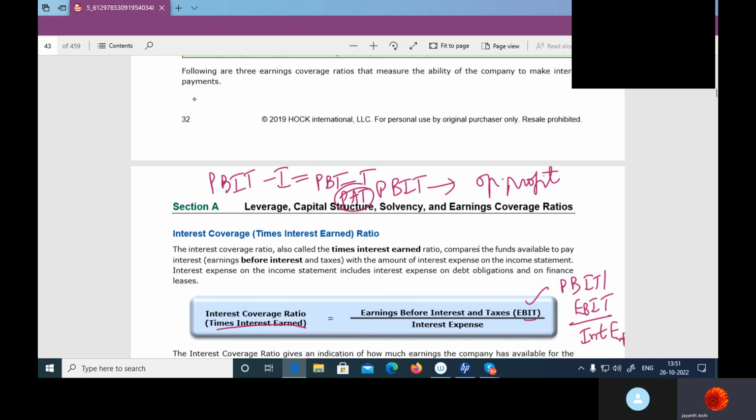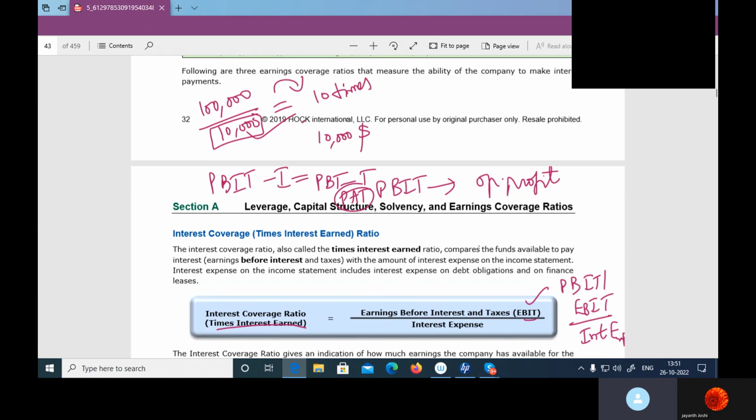So let's say your EBIT is $100,000 and your interest expense is $10,000. What does it mean? Your company has 10 times the capacity to pay this fixed interest charge. How much interest are you supposed to pay to the debt holders? $10,000, correct?